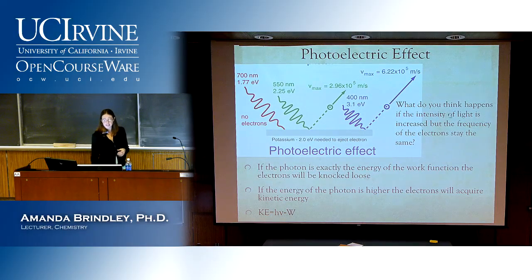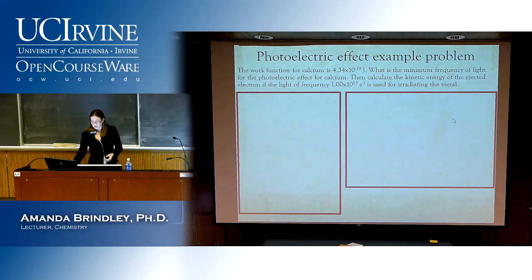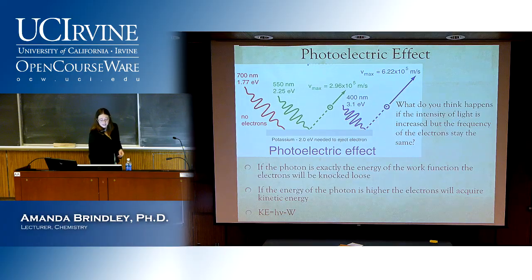And so increased intensity means more photons. And the more photons you put in, the more electrons you're going to eject. So, just to restate that one more time: as you increase the intensity, you increase the number of photons, thereby increasing the number of ejected electrons.